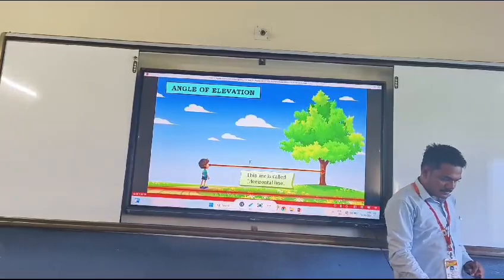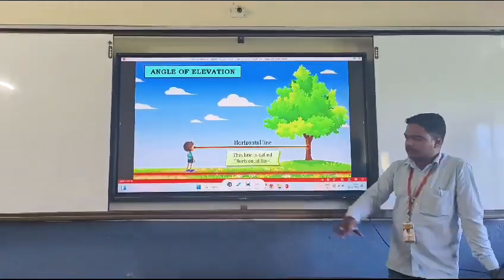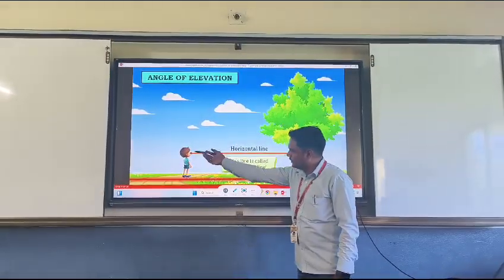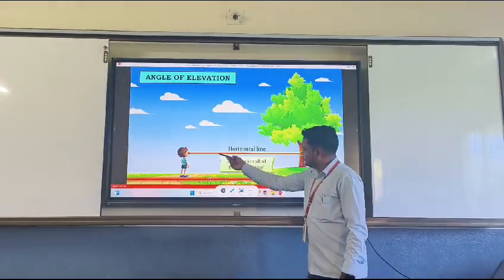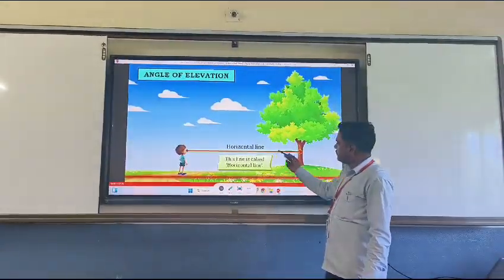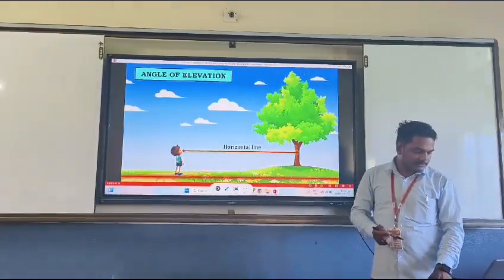This is known as the horizontal line. So horizontal line basically क्या है कि observer जहाँ पे खड़ा हुआ है और वो एक straight ऐसा imaginary line जो कि ground के साथ parallel हो, तो उसको हम कहेंगे horizontal line.